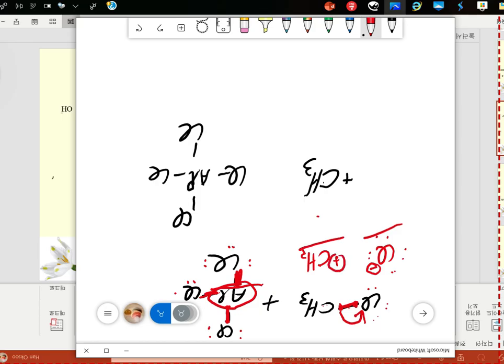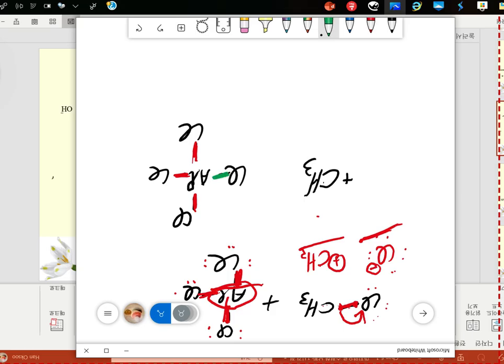Therefore, the reaction should occur with this one as the nucleophile and this one as the electrophile, so this should react with the nucleophile, right? Now you don't have any choice. This is the only nucleophile you generate here. Therefore, the reaction will occur between the nucleophile and electrophile. These are the bonds you originally had, but this is a new bond.